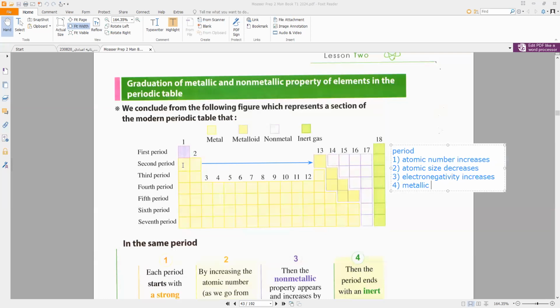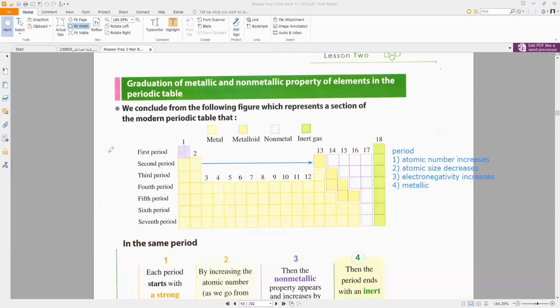As we see, lithium here in the first group has atomic number 3, so it has 2 electrons in K and 1 electron in L. So it has 1 electron in the outermost shell.